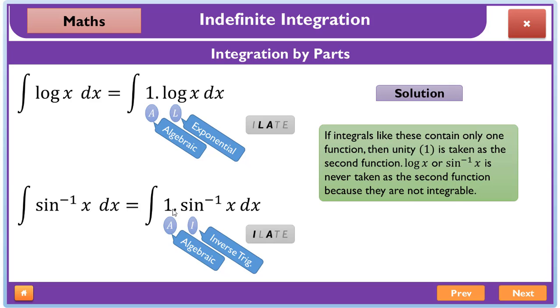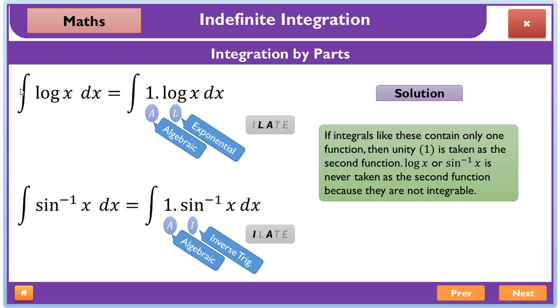Again 1 will be chosen as the second function, and sin inverse x as the first function, because first appears inverse trigonometric function, that is I, then comes algebraic function A. So in these types of integrals, multiply by 1 and take it as the second function because 1 is easily integrable. Don't take log x or sin inverse x as the second function because these functions cannot be integrated directly.